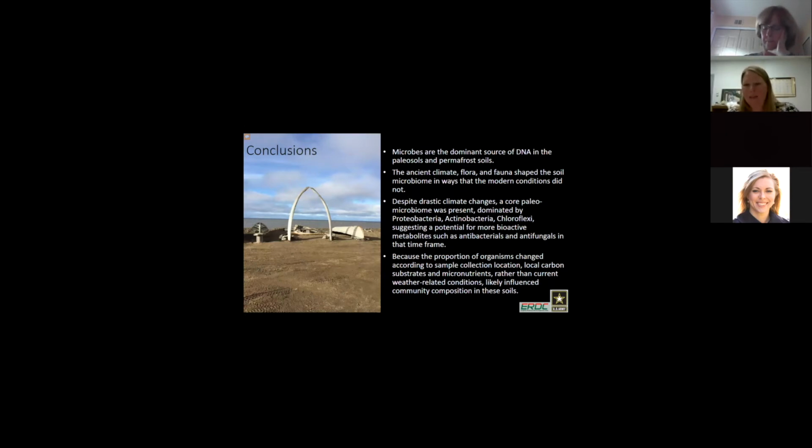Because the proportion of organisms reflected more substrate and micronutrient utilization rather than weather-related conditions, we feel that those influence community composition in these soils, and are actually the root of that ecosystem function, which we can combine with our colleagues who are looking at pollen and different vegetation that may have existed.